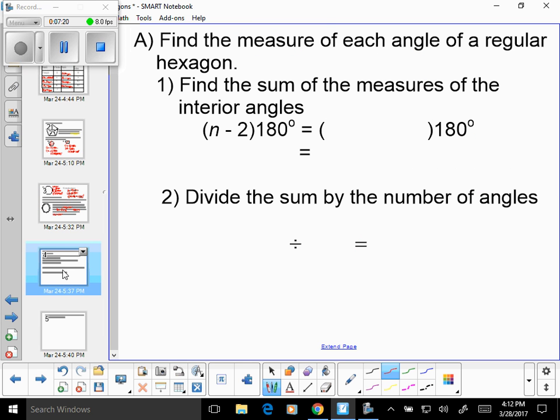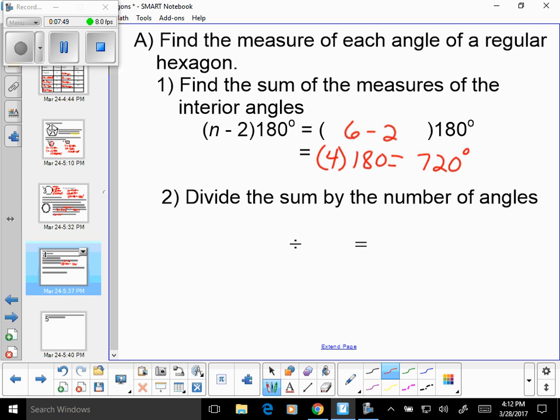So let's move on to an example. In example A, find the measure of each angle of a regular hexagon. First of all, we roll it through the formula to find the sum of the measures of all the interior angles, using our formula n minus 2 times 180. So that's going to be 6 minus 2 times 180, which is 4 times 180, which equals 720. Now that's the sum of the interior angles.